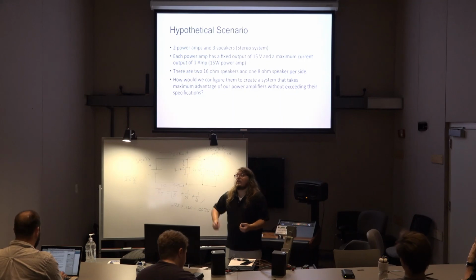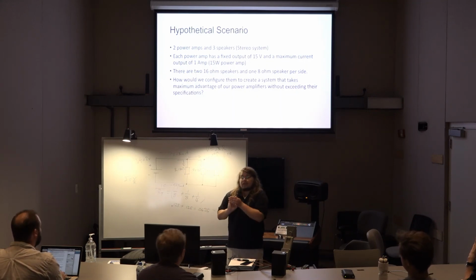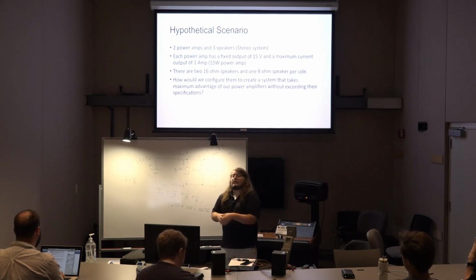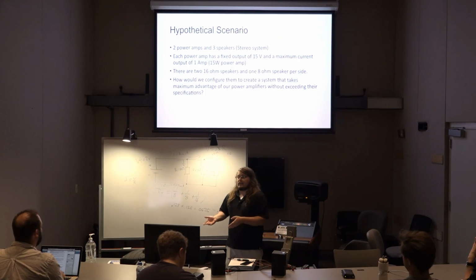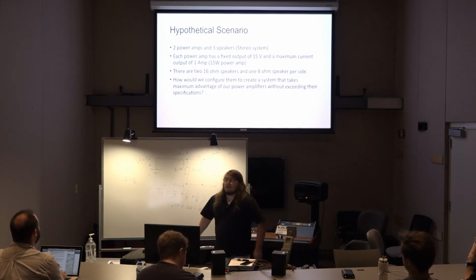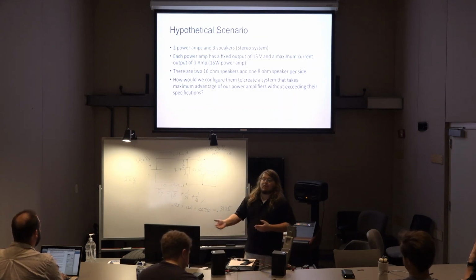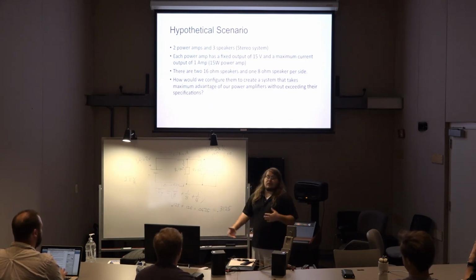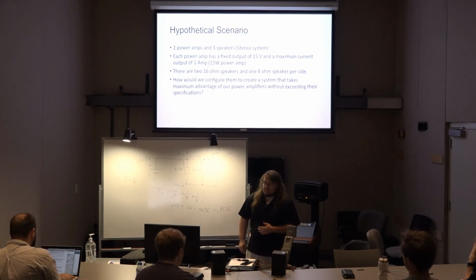You have to figure out, how do I connect these in order to create a system that takes maximum advantage of the power amplifier without exceeding its spec. So we can run the power amp at 15 volts and then provide a certain amount of current. If you exceed that, you have a problem, right? The power amp is going to burn up.